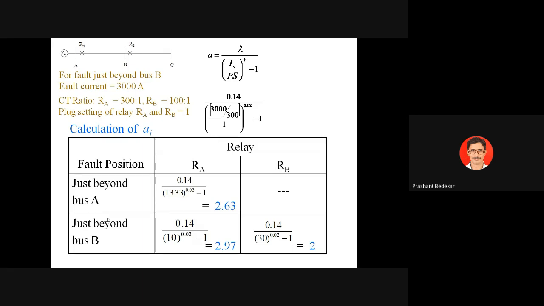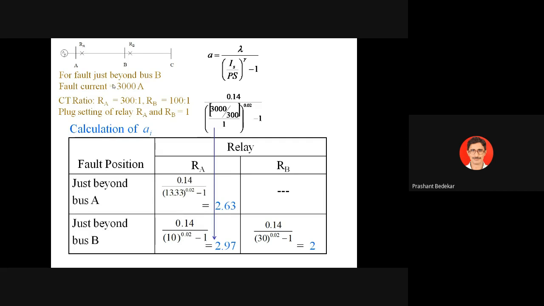That is why here it is 3000 upon 300, divided by the plug setting 1, raised to power 0.02 minus 1, as gamma for an IDMT relay is 0.02. This calculation gives 0.14 upon 10 raised to power 0.02 minus 1, which gives the value 2.97.